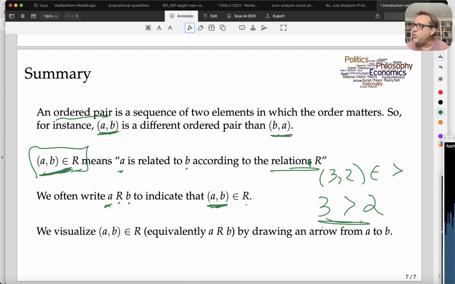But these two notations really mean exactly the same thing, namely that the ordered pair 3, 2 is intended to represent a relationship of is greater than between numbers. And then finally, we visualize when a pair AB is an element of a relation, or equivalently A is related to B, by drawing an arrow from A to B. So that's the way we are going to visualize relations.